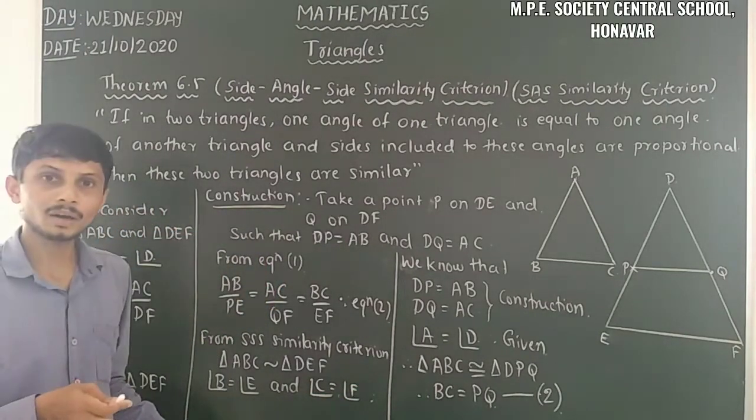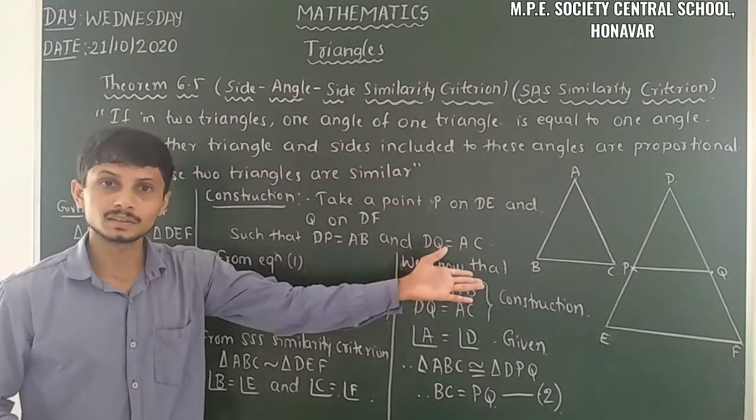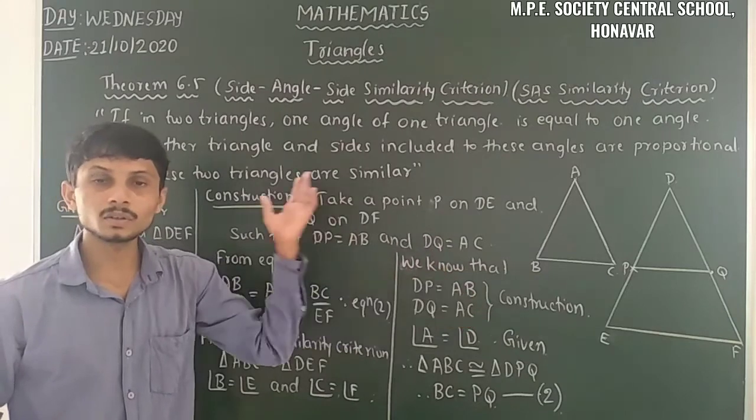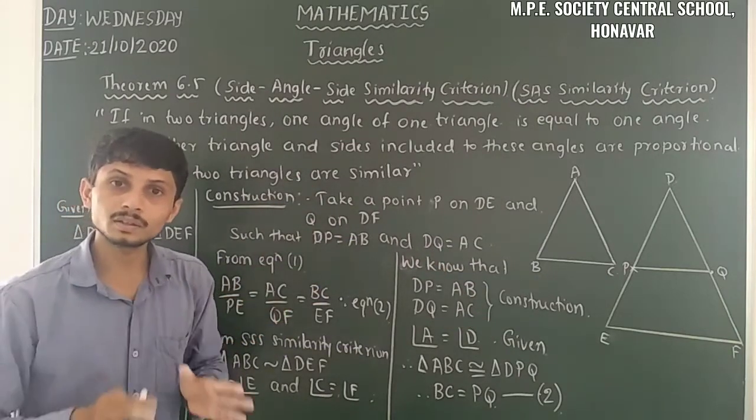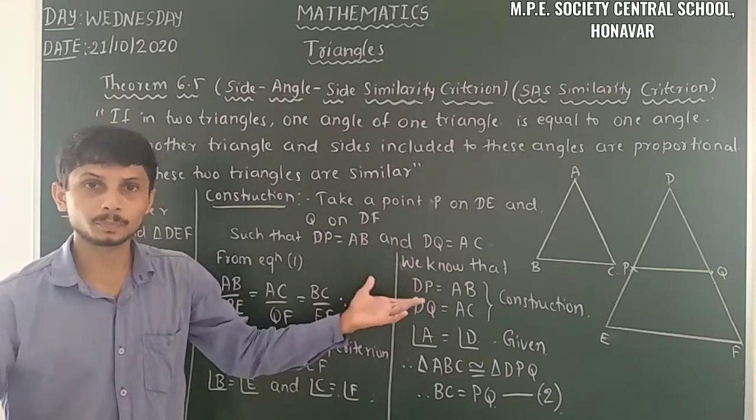So initially we have one angle of one triangle equal to one angle of another triangle. Also, the included sides of that angle are proportional.